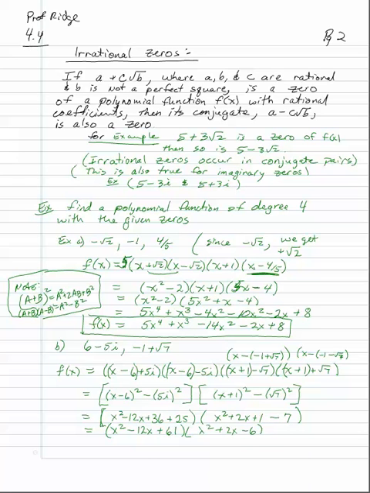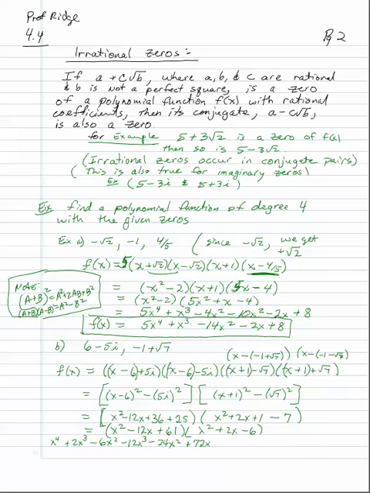And then I'm going to run out of room here, but I'll go ahead and do it. I'm going to distribute the x squared, so x to the 4th plus 2x cubed minus 6x squared. Distribute the minus 12, so minus 12x cubed minus 24x squared and plus 72x.